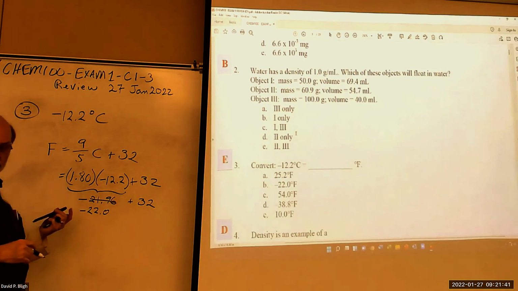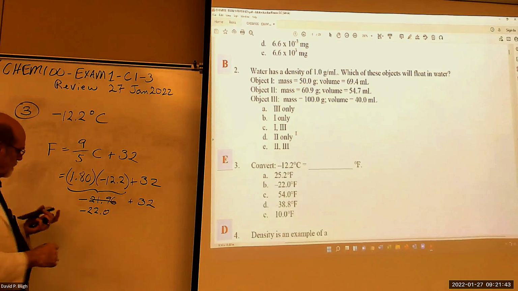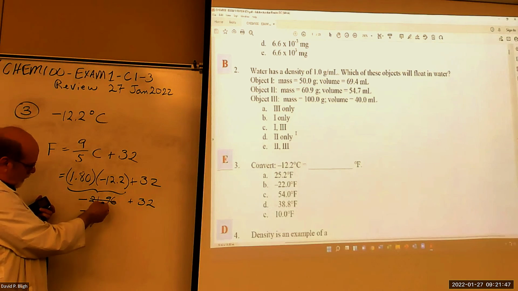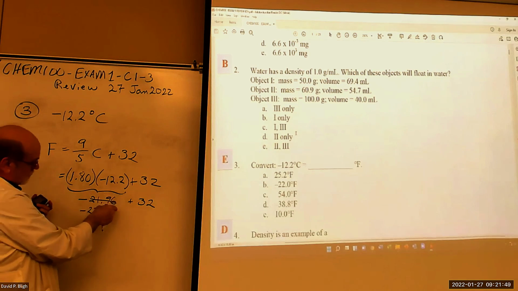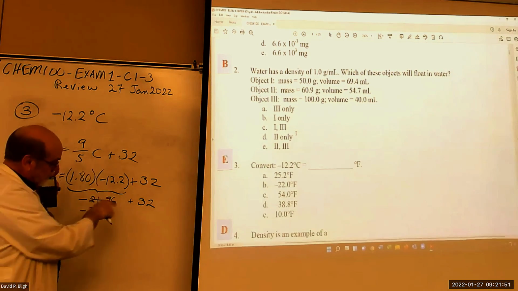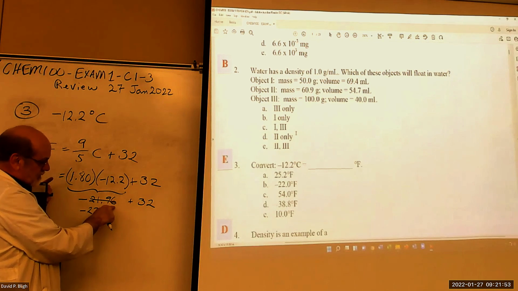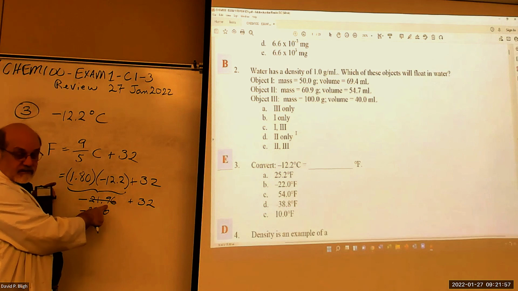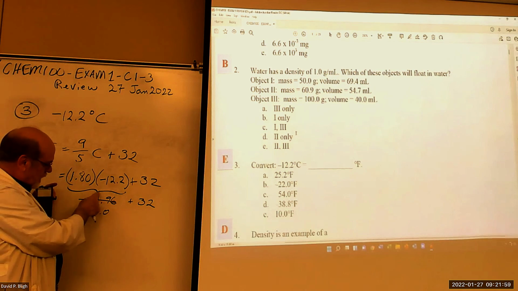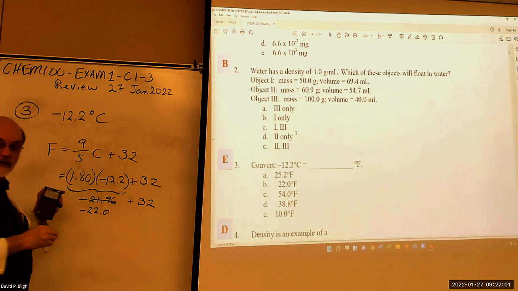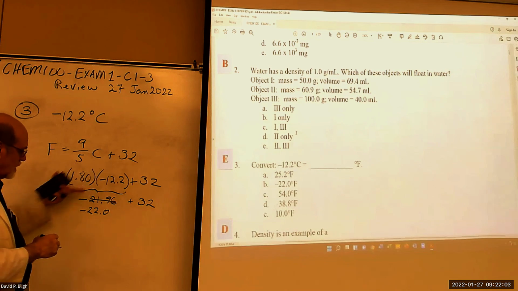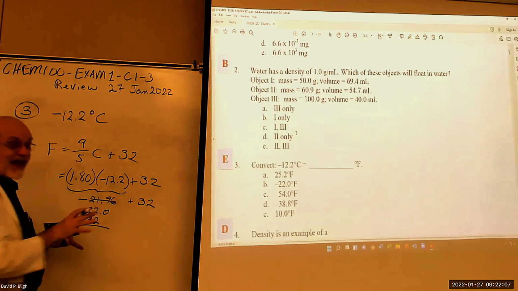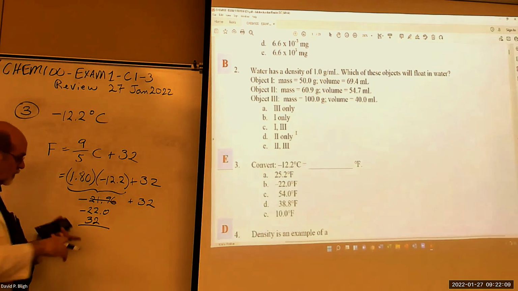If we round it to 3 places, this is greater than 5, so that one goes up to the next one, which is 10. We carry the 1. So 22 minus 22 is this value, and then plus 32, which is an exact number in this case, so it will not limit.